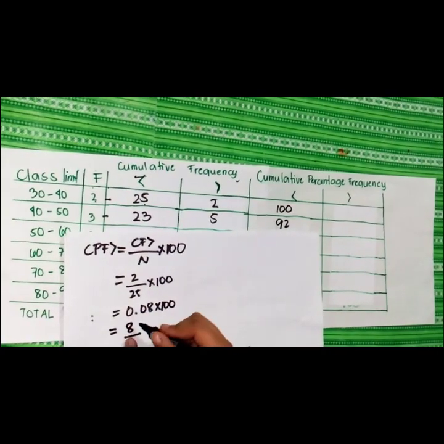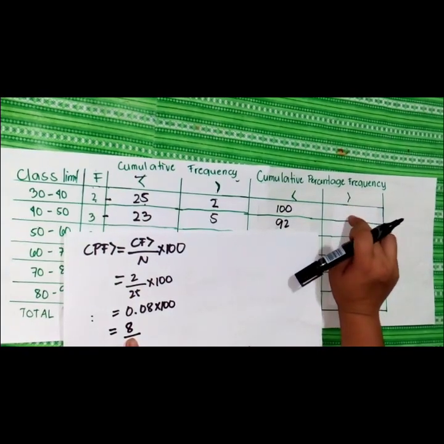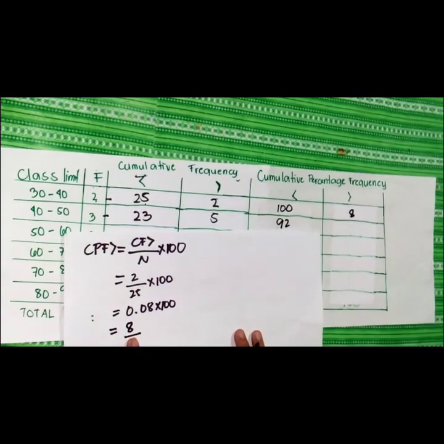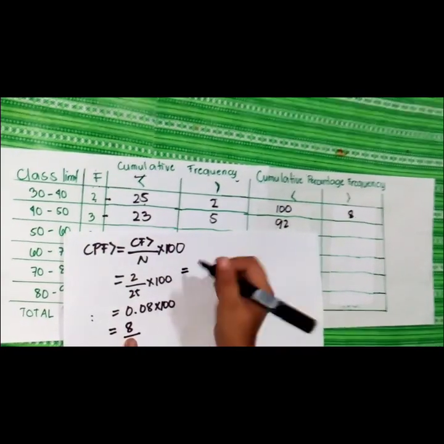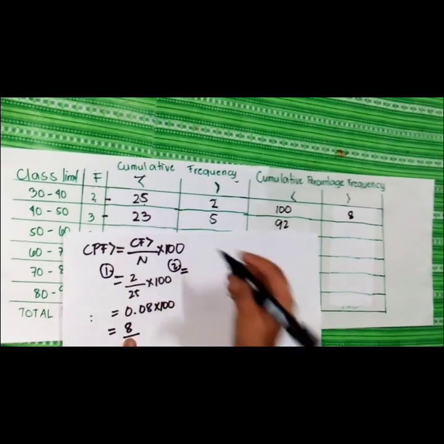So our answer of cumulative percentage frequency greater than, we have a number of 8. So another example in the second row. So this is the first row and this is the second row.